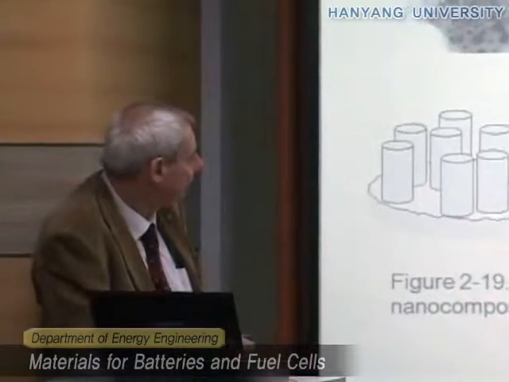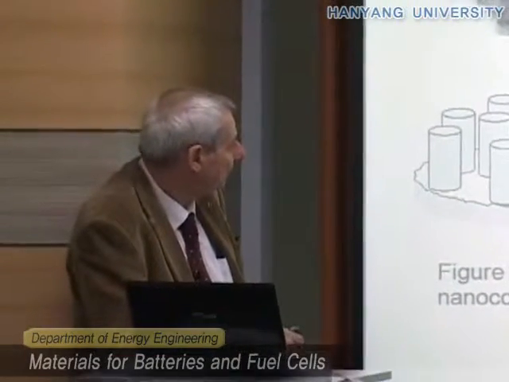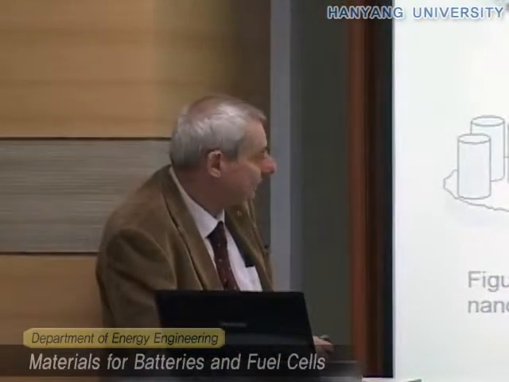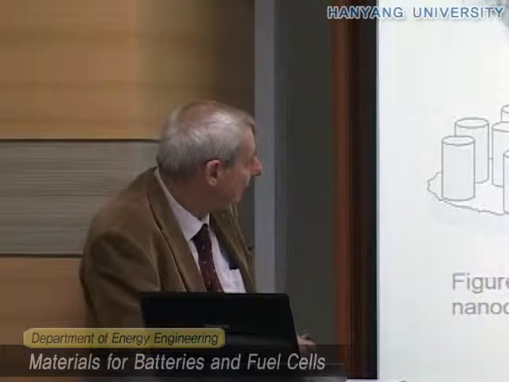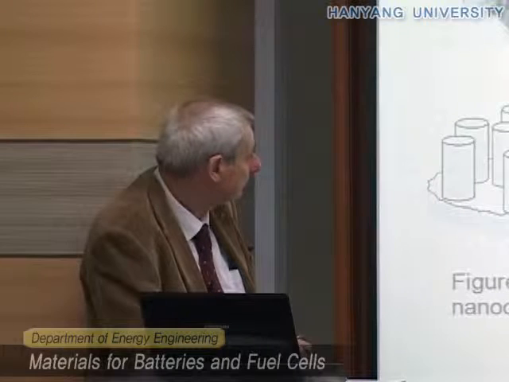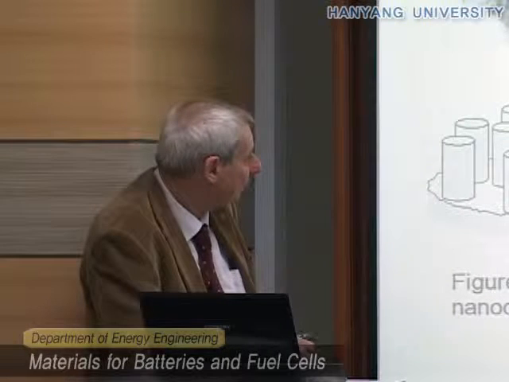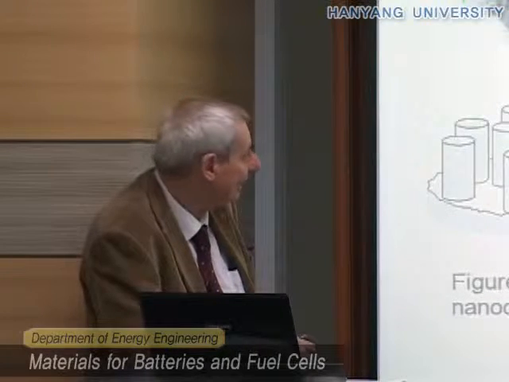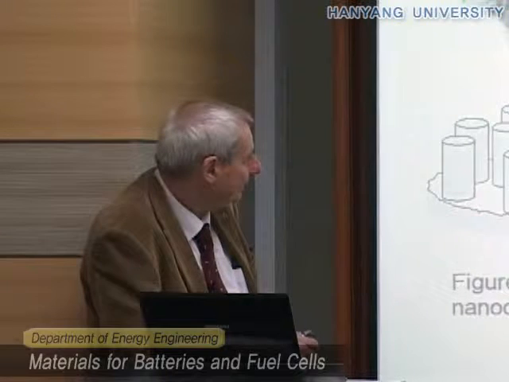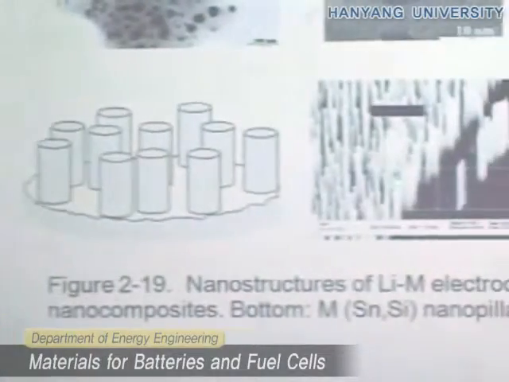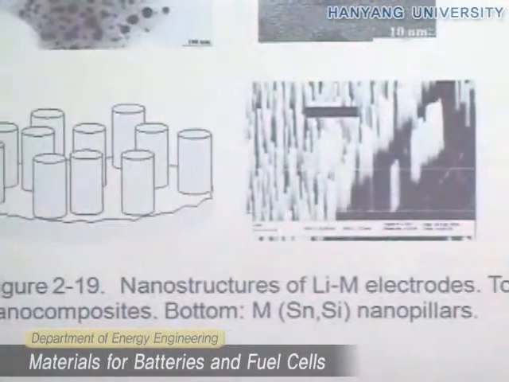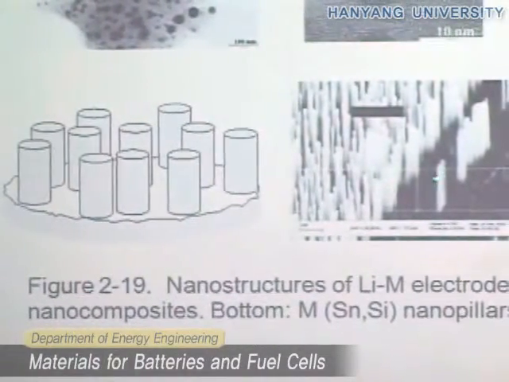Suppose that this model is the current collector, a piece of metal, and on top of that we create these nanopillars. Suppose that this is about 100 nanometers in diameter. Here you see a picture of the actual morphology taken by SEM.